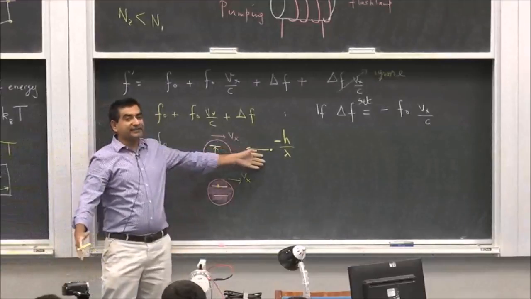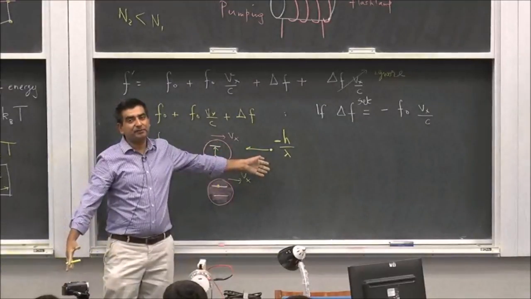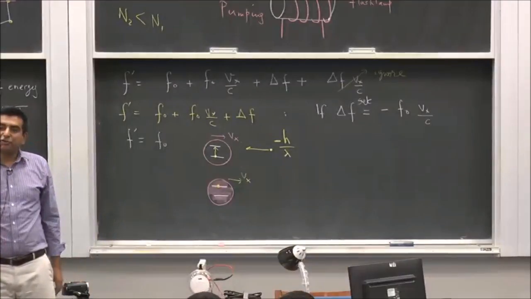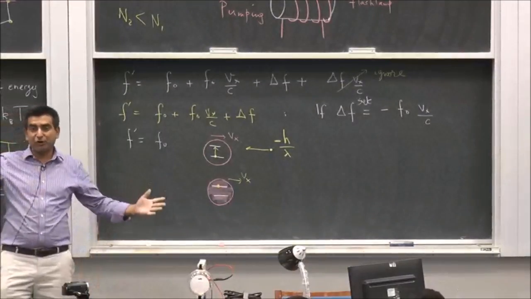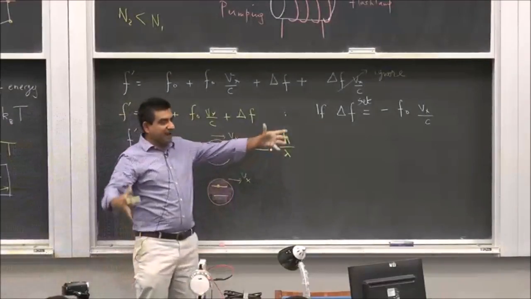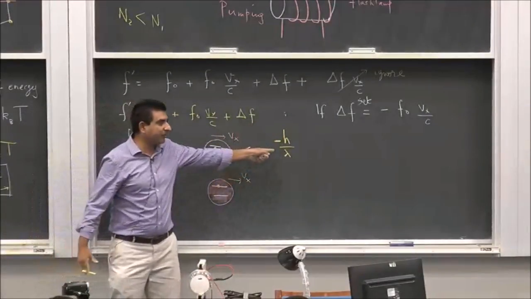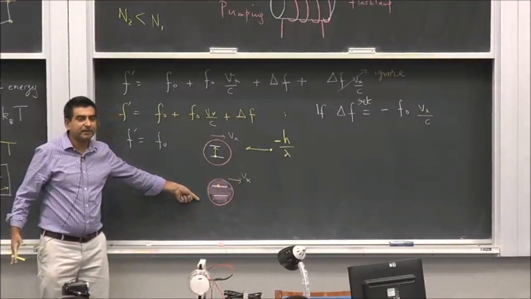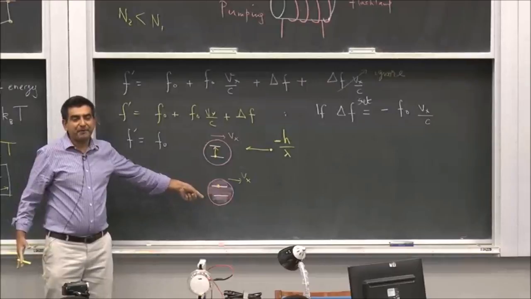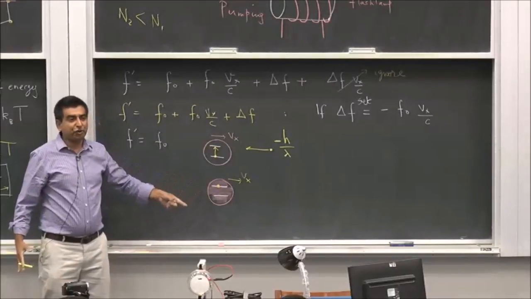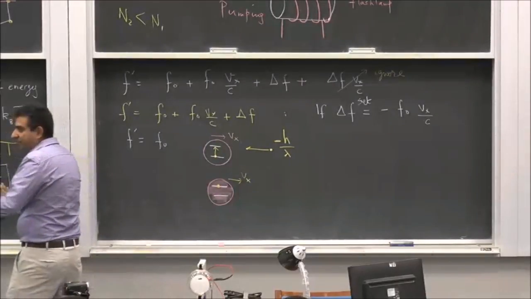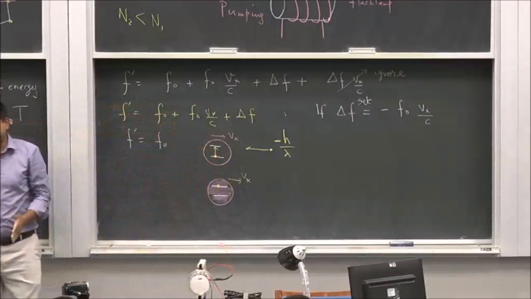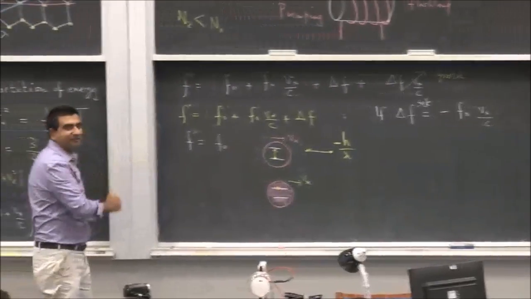If I want to conserve linear momentum, what should happen to the atom? In this picture I have a linear momentum. Now the photon has gone away. What should happen to the atom's momentum? It should go in the negative direction. This momentum should be transferred to the atom so that it moves towards the left.